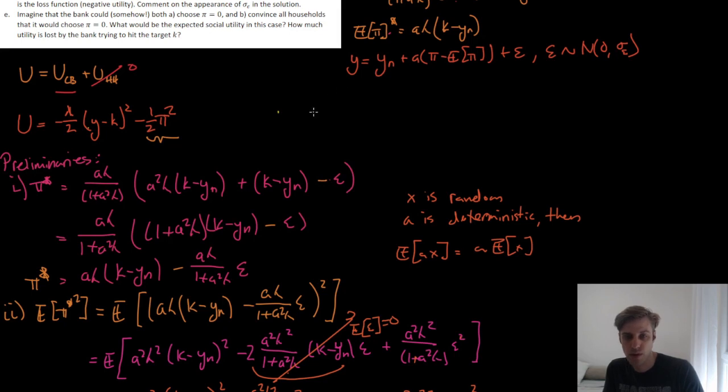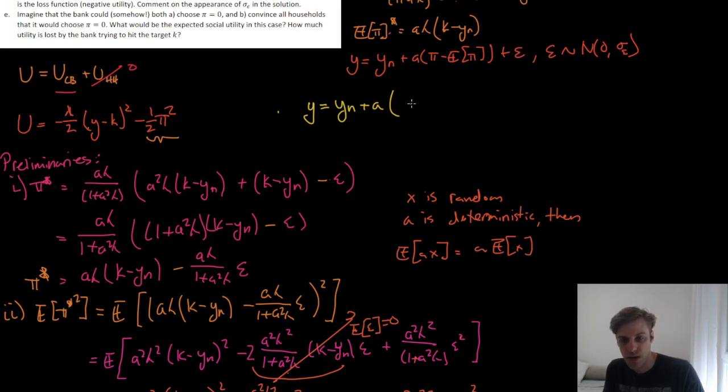Let's substitute everything in for y first. Let's just quickly write that down. We'll get y equals yn plus a pi. We know what pi is if you substitute everything down. We wrote that down somewhere, didn't we? Yes, we said if you substitute pi star all the way down, you get this equation.